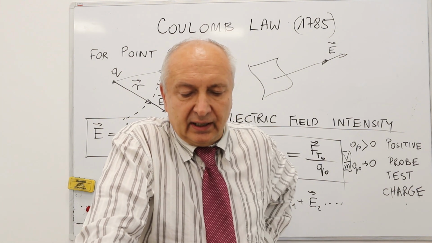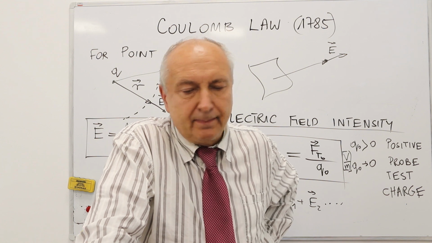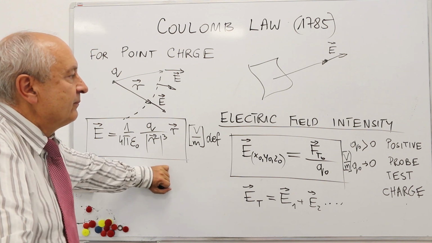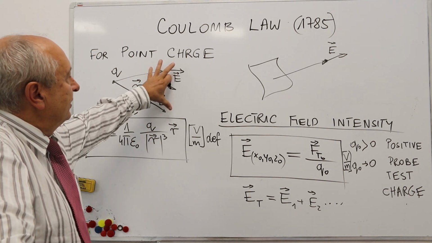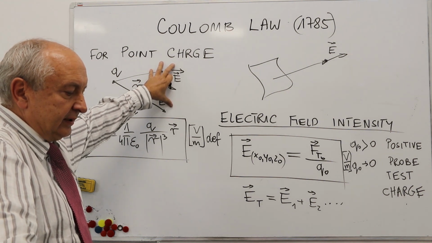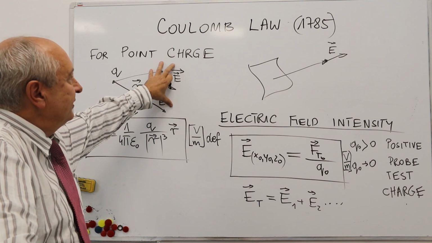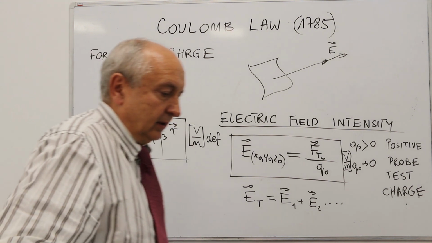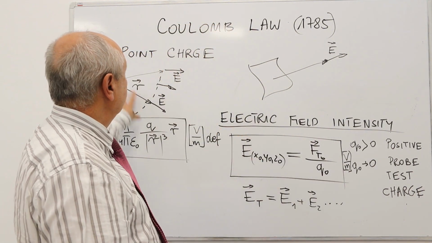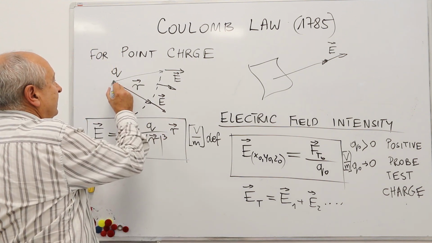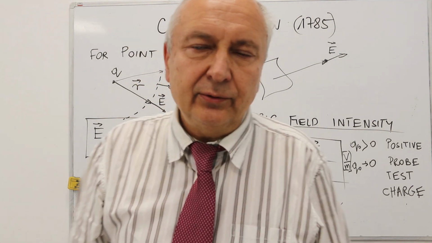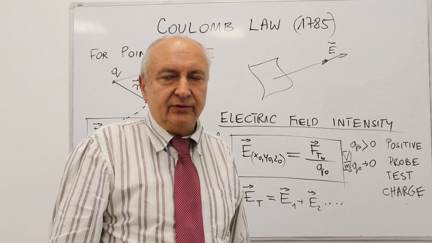And finally, streamlines and sketches of the field. Electric field we can define. Electric field is a vector field. That means that every point surrounding the charge is defined by a value that is a vector.